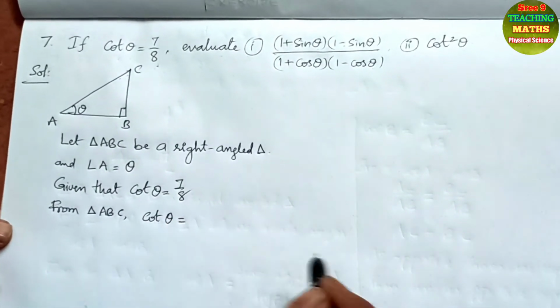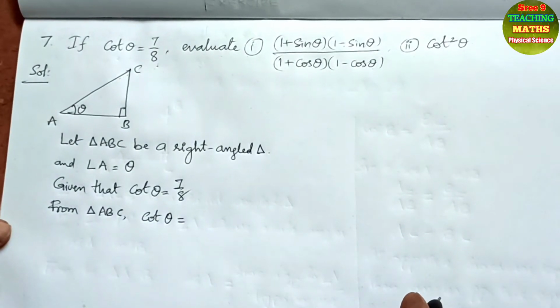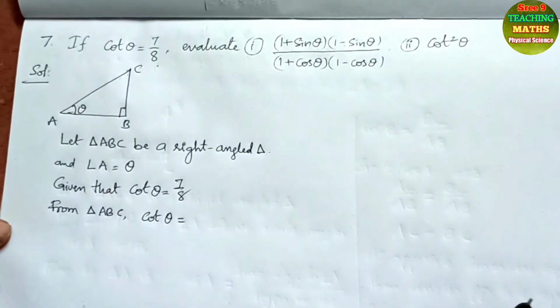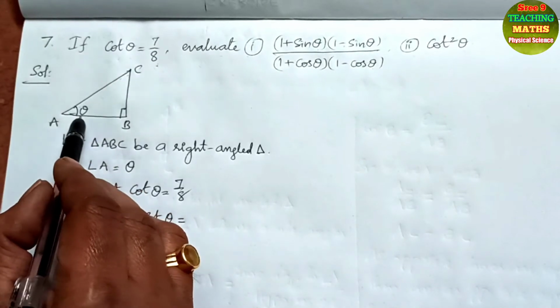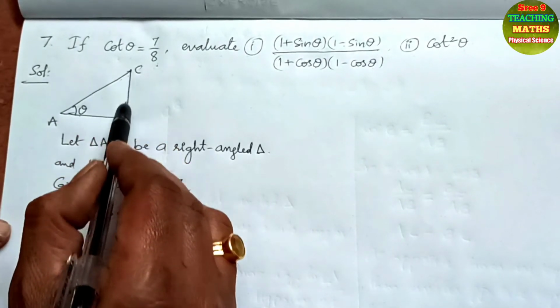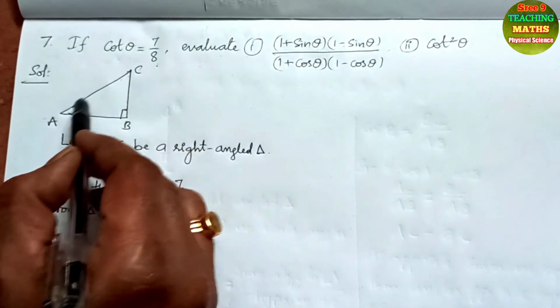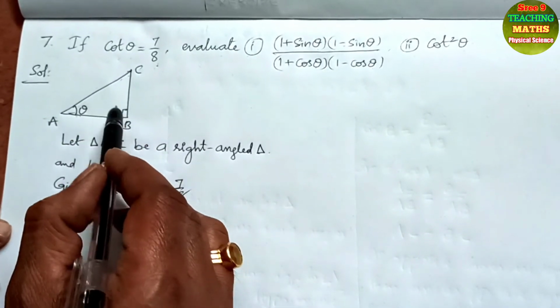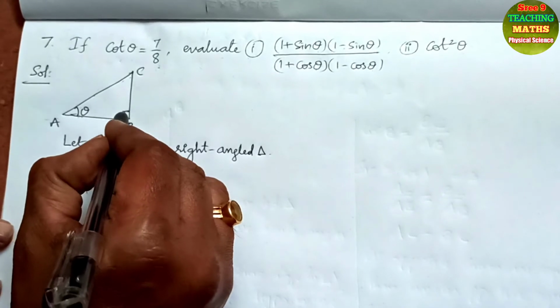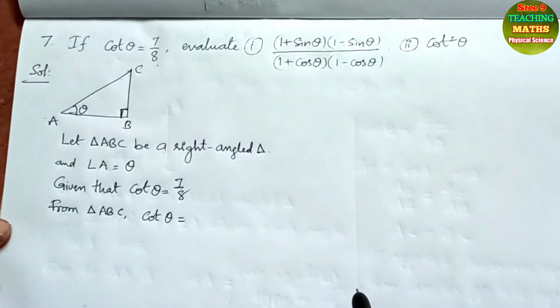What is the trigonometric ratio? First let us identify the sides. As this is angle theta, this is the side opposite to theta, and this is the side adjacent to theta, and this is the hypotenuse because it is opposite to the right angle, right?